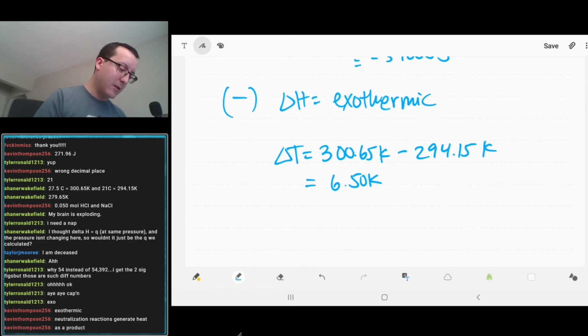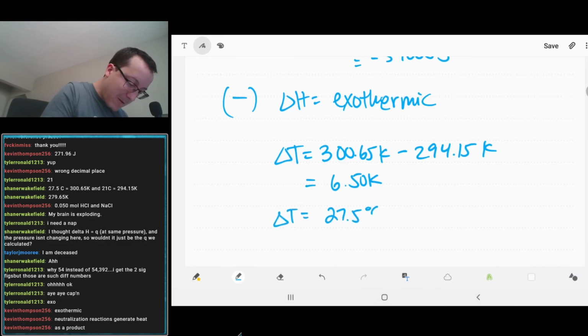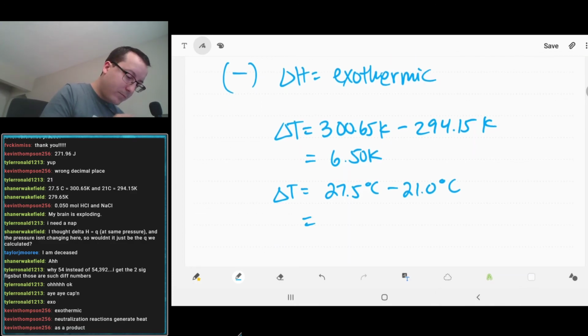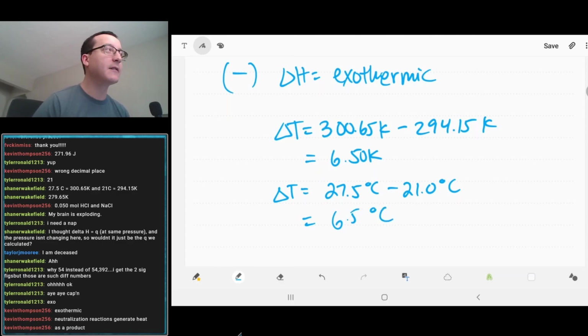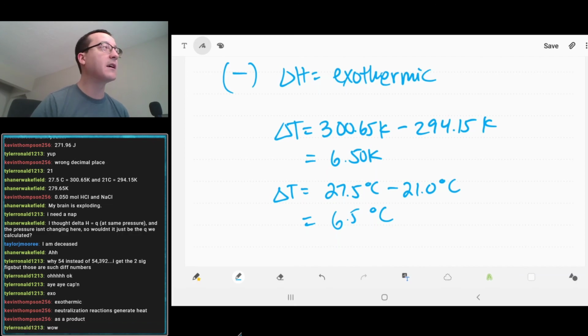And so notice that before our delta T, that was also 6.5 Celsius. So this is why, Shane, it does not matter if you use Kelvin or Celsius. Totally okay, because we're subtracting them.